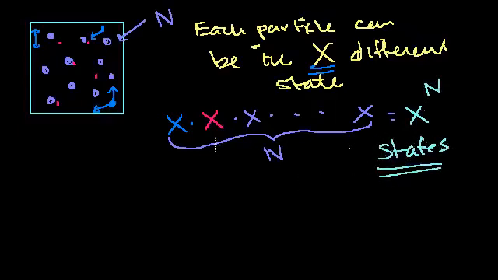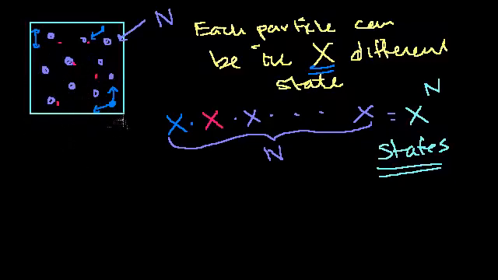Now, let's say that we like thinking about how many states a system can have. Certain systems have fewer. For example, if I had fewer particles, I would have fewer potential states. Or maybe if I had a smaller container, I would also have fewer potential states. There would be fewer potential places for our little particles to exist. So I want to create some type of state variable that tells me how many states my system can be in.